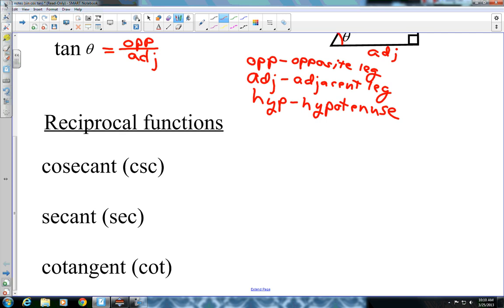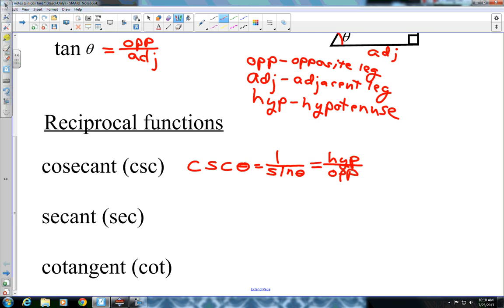It's abbreviated CSC, and it is the reciprocal of the sine function. So it's 1 over the sine of theta. So that would be the length of the hypotenuse divided by the length of the opposite leg, or hypotenuse over opposite.